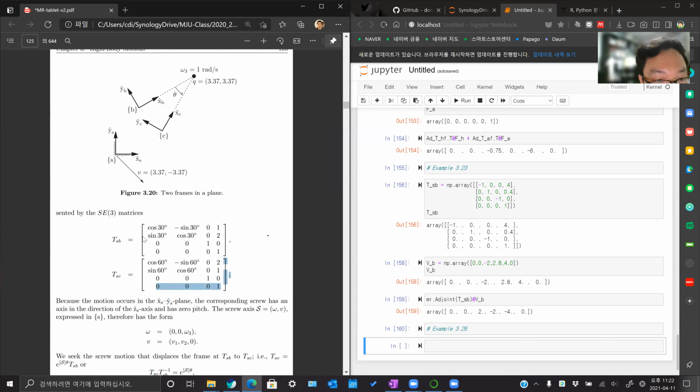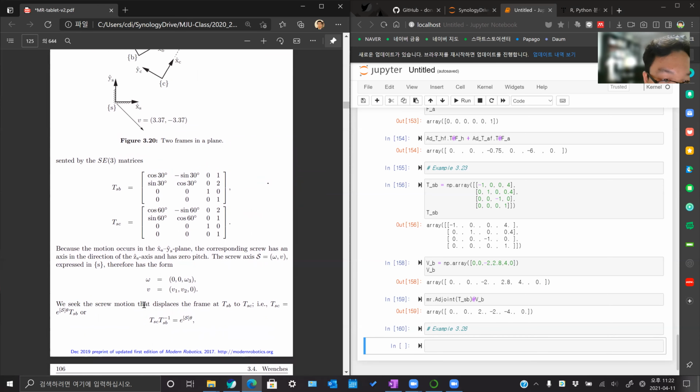These are known parameters. Because the motion occurs in the plane, the corresponding screw axis has zero pitch. Yeah, because this is a plane motion, so the pitch is zero. And the screw axis S is omega, V expressed in the S frame, therefore has the form omega equal 0, 0, omega_3, and V1, V2, 0.